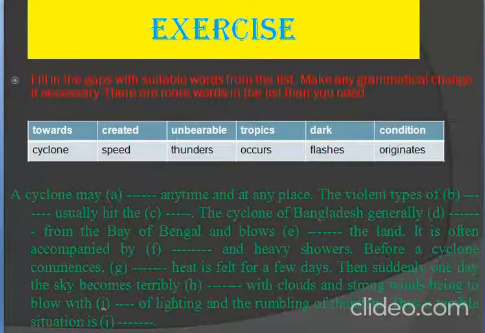Number G, unbearable heat is felt for a few days. Then suddenly one day the sky becomes terribly dark, with clouds, and strong winds begin to blow with flashes of lightning and the rumbling of thunders. Thus a terrible situation is created.